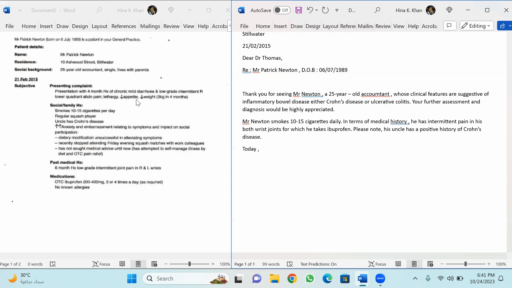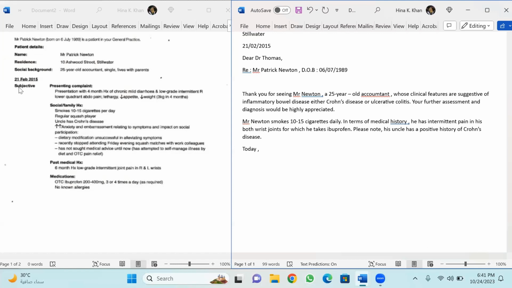This is the same letter. In the exam also, they will tell you to assume today's date is this. So you will assume that, and if there is no date written anywhere, you will assume a date and write with that date. Where I have written this, you will just mention that date over here, and then you will read your case notes, whether it's in the past or happening today.